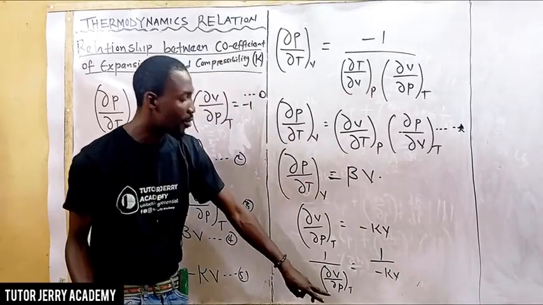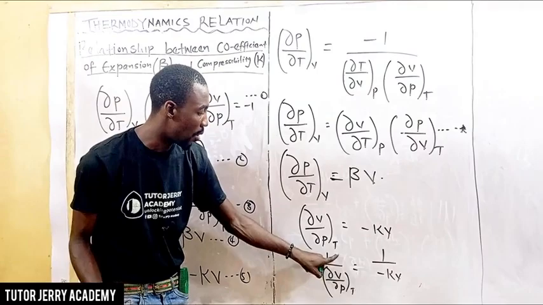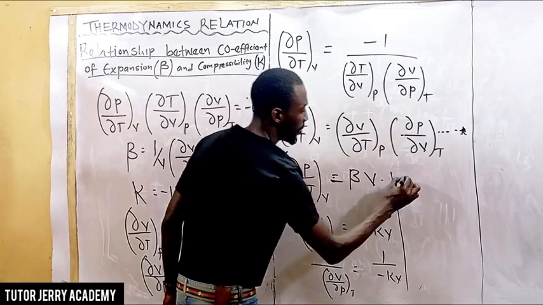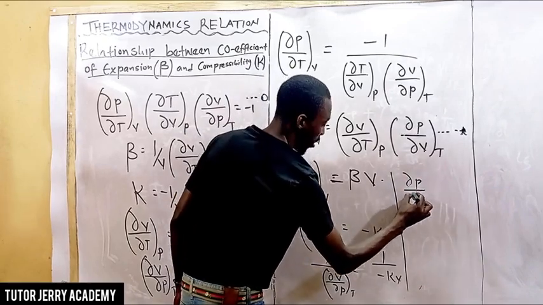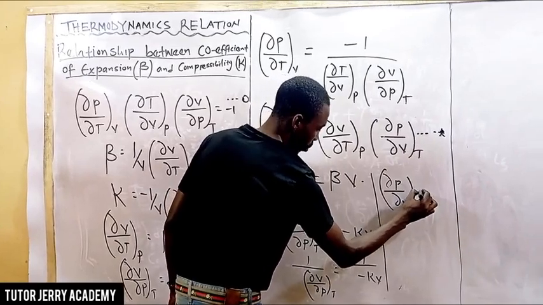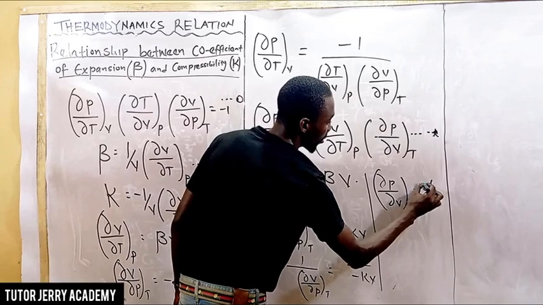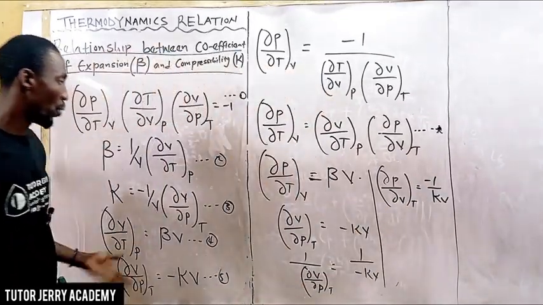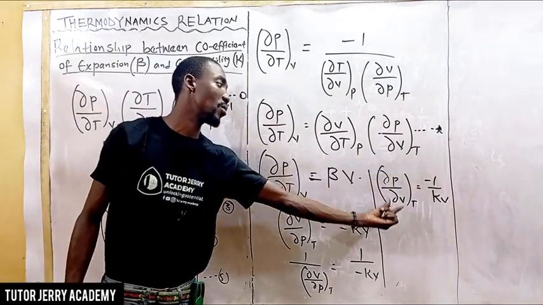So now, this will go up, this will come down. Then we are going to have the partial differentiation of P all over the partial differentiation of V, keeping T constant, equal to minus 1 all over kV. So which is just the same thing as what is here now.